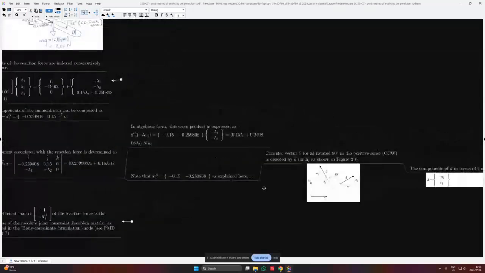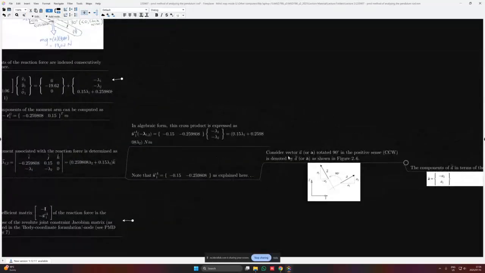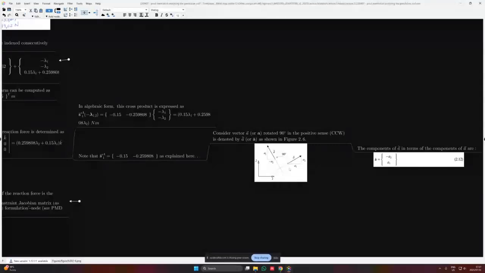I essentially rotated it. So what I do is I consider a vector A, which I rotate 90 degrees in the positive sense, so in the counterclockwise direction. And this is then denoted as A rotated, or A with a concave symbol above the head of the vector symbol. And just schematically, this is essentially what happens.